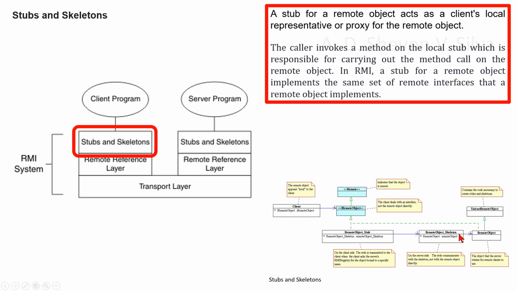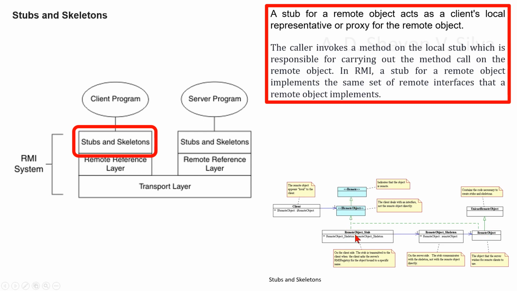These stubs and skeletons are automatically produced by the Java compiler for class files that extend UnicastRemoteObject and have an interface that extends Remote.